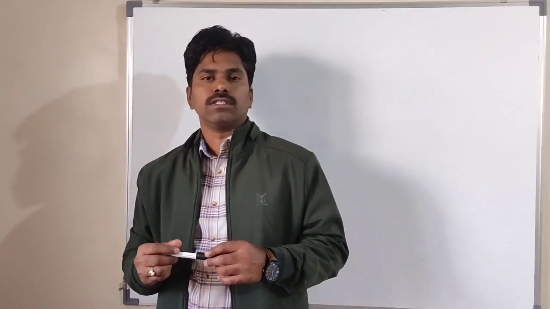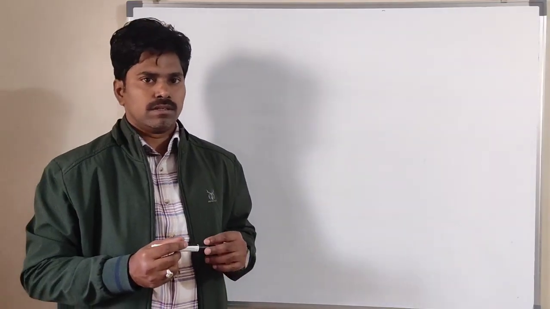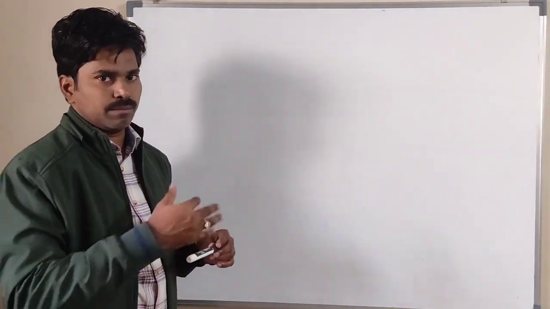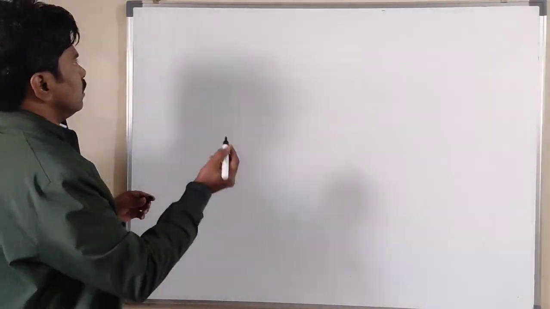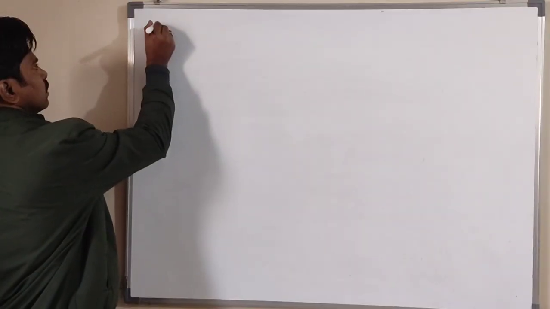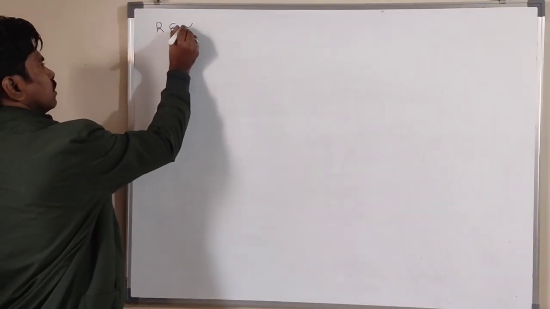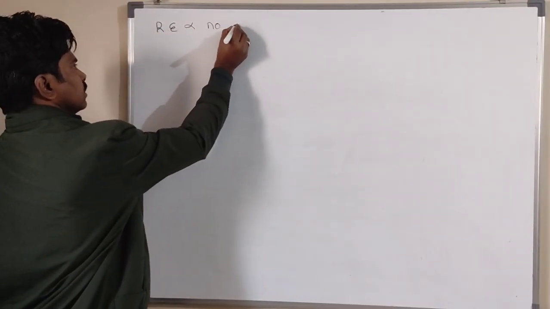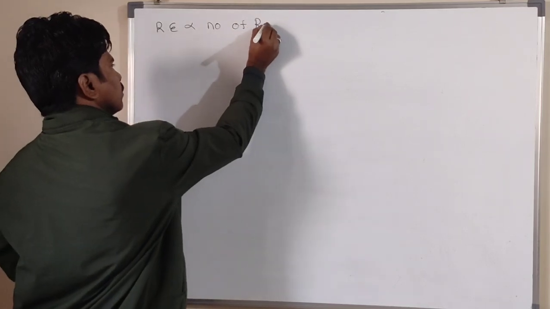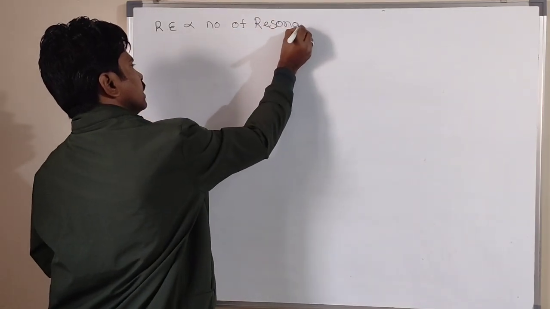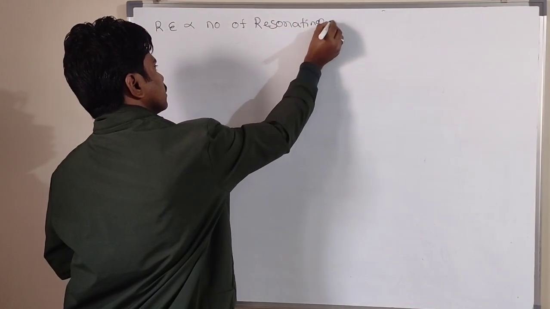Right. Now in this session I will explain the resonance energy and the remaining points. Okay. So resonance energy is directly proportional to the number of resonating structures.